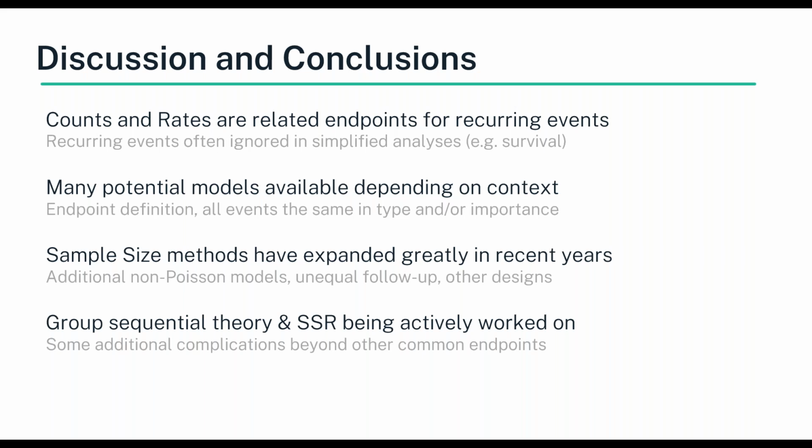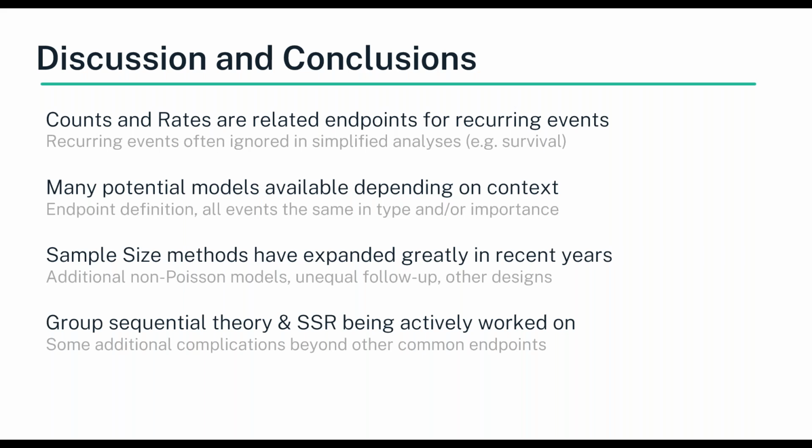For example, using a survival-based analysis is obviously not desirable since it's throwing away a lot of informative data. Not only does this increase sample size very often, but it also unnecessarily needs to be done, as there are many different potential models available for these endpoints, like Poisson, negative binomial, and Andersen-Gill.